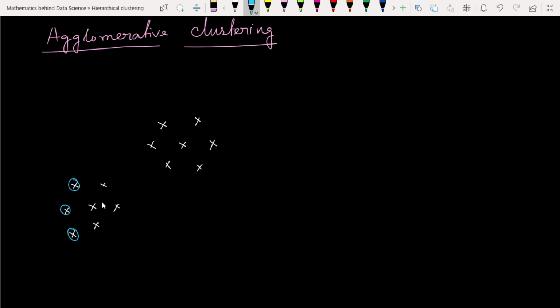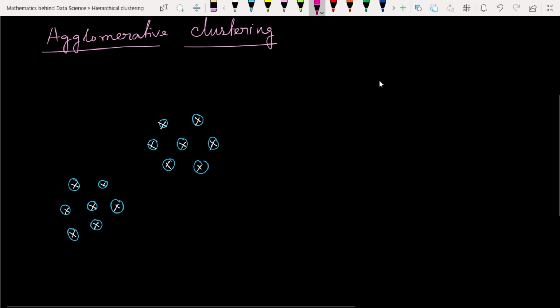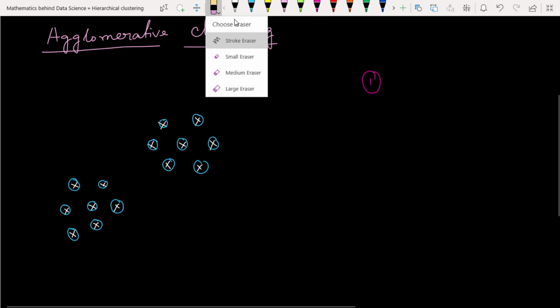In the initial step we take each of these as a cluster, so in total in the initial stage we have 14 clusters.